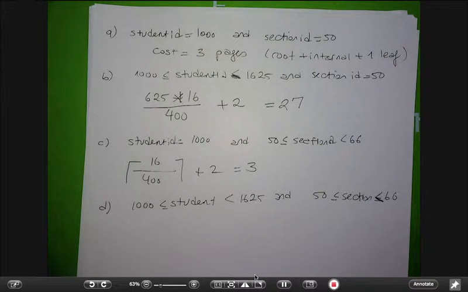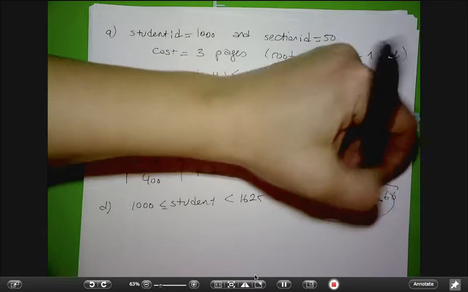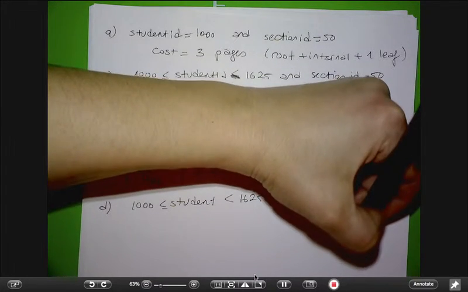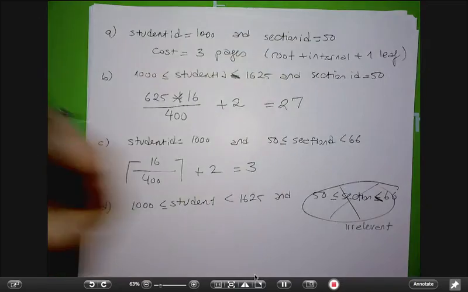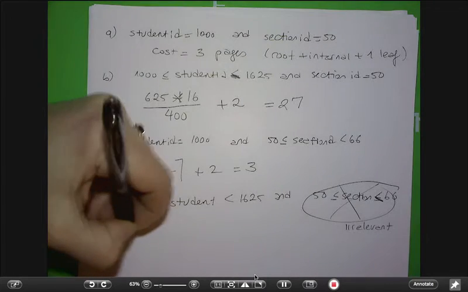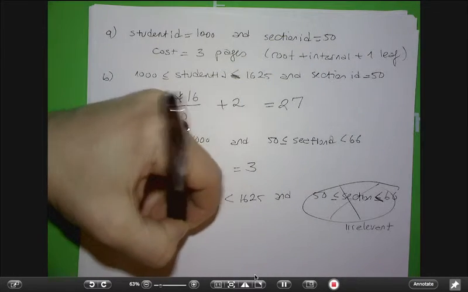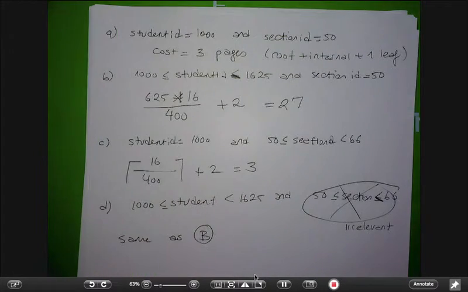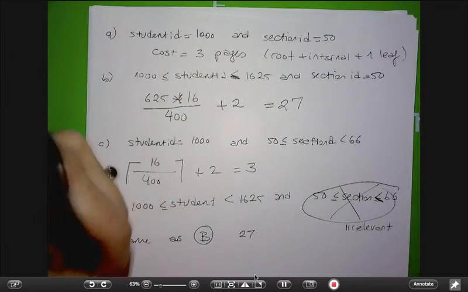Exactly. In fact, no matter what I put here, this is irrelevant, because this doesn't help me reduce anything. I still have to scan all these students. So this part is completely irrelevant. So this is the same as B. 27 is my answer.